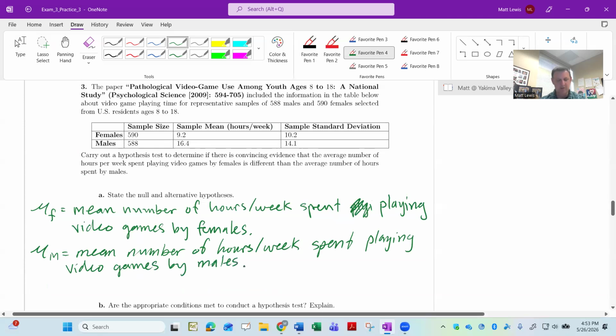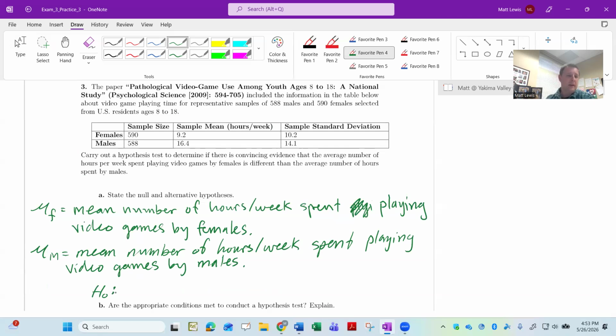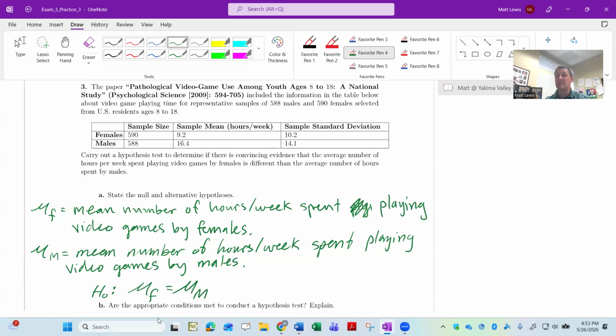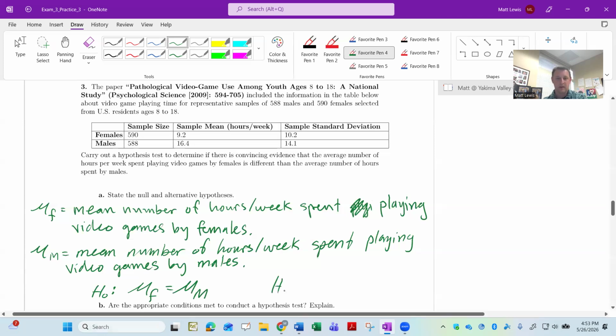And then when it comes time to set up our hypotheses, of course, a couple of things to remember about the null. The null is the no difference hypothesis. There's no difference in the average amount of time males and females spend playing video games. Also, it contains the equal sign. So either way, you would say this as your null hypothesis, that the two means are equal.